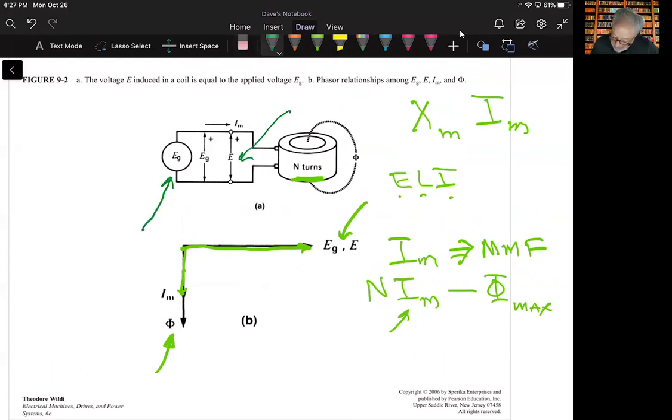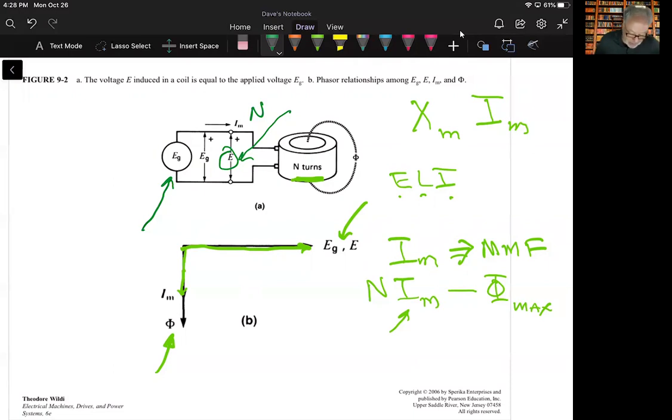This is an applied voltage. This times that number of turns times the current causes this induced voltage. All right, it's important that we get that if we're really going to understand how a transformer works.